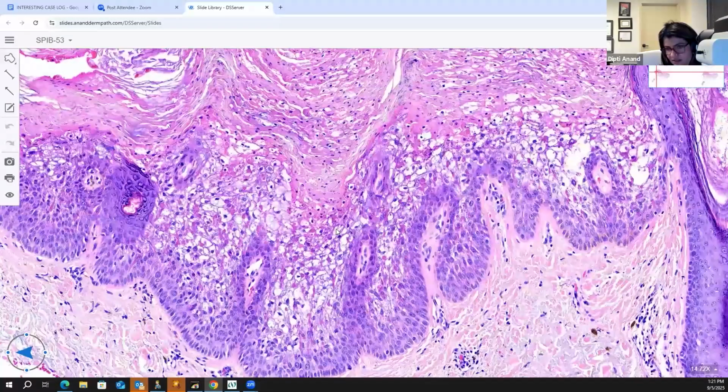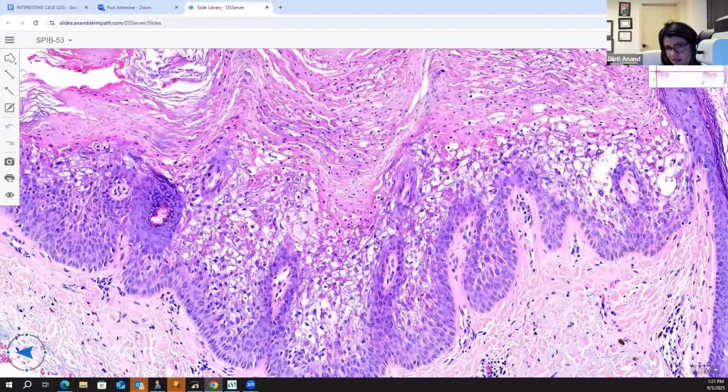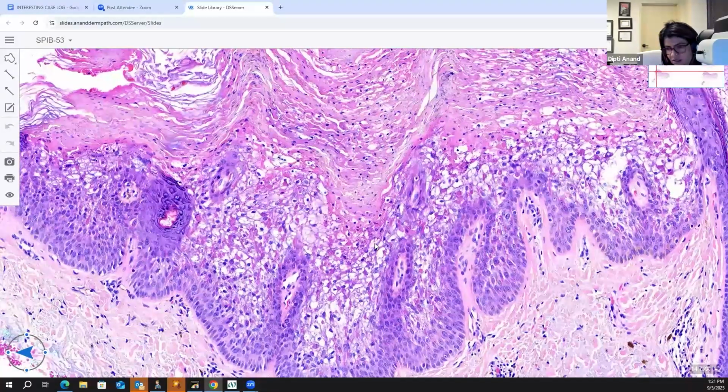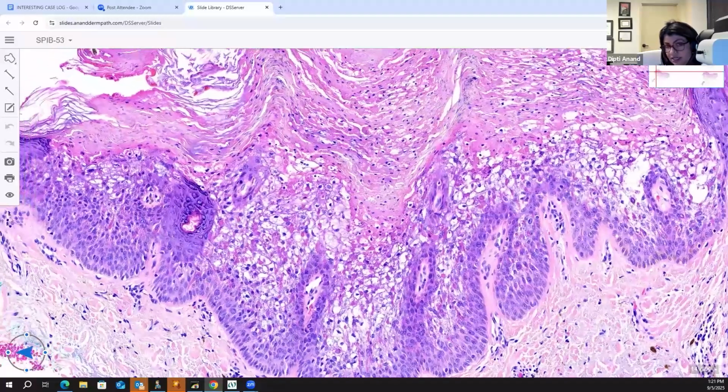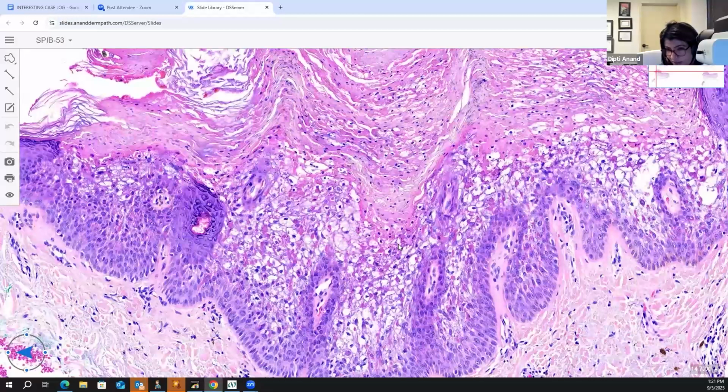Is it growing bacteria or no? So you guys are going to be doing the mycobacterial and the atypical mycobacterial culture, right?